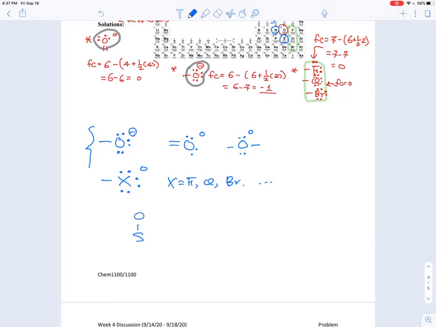Okay, so this one we showed up, and it shows minus 1 on the halogen. Halogens are happy. They have a complete octet, so it's all set. They don't want to change anything. But if you look at this one, it has a formal charge of 2 in the middle, and a formal charge of 1 on each oxygen.